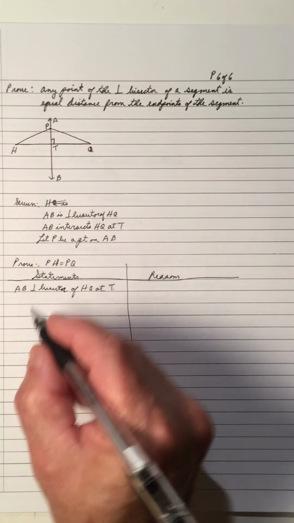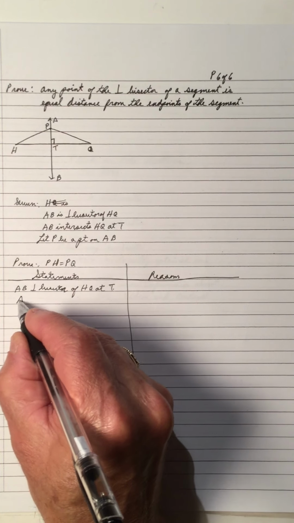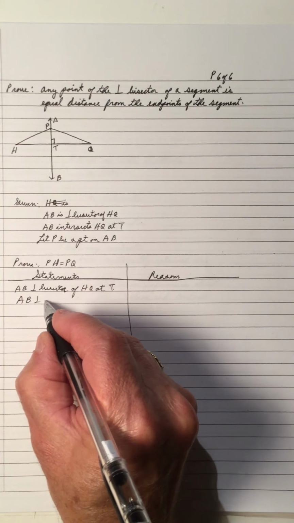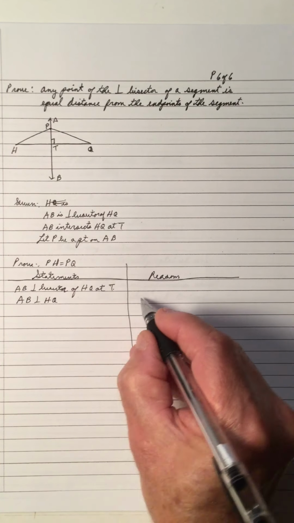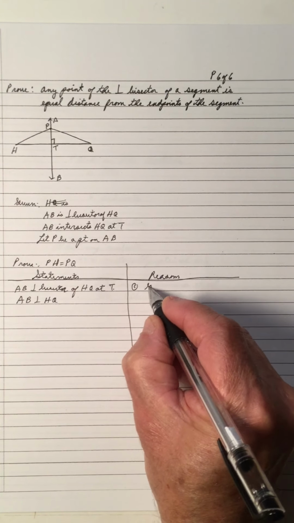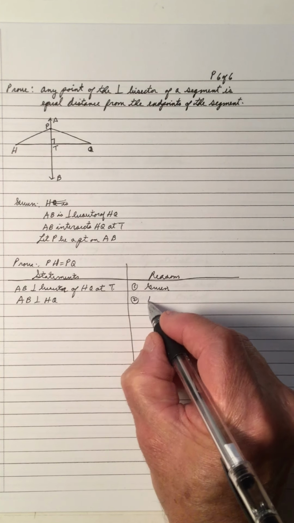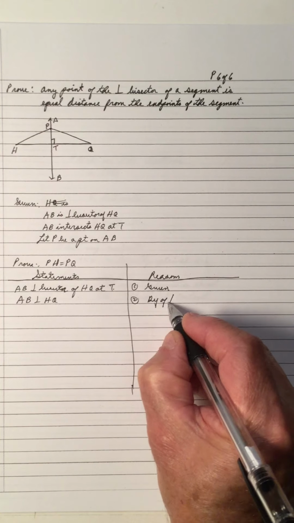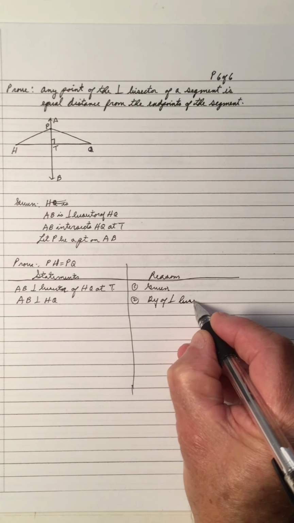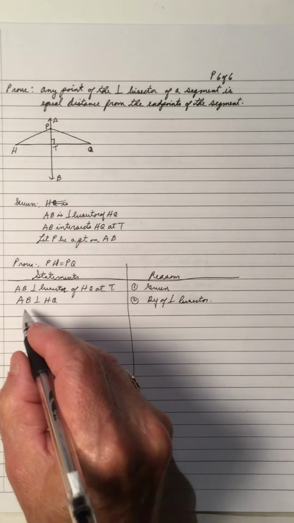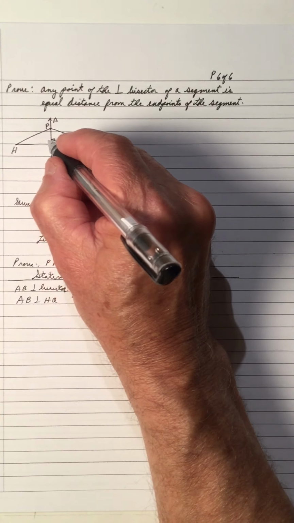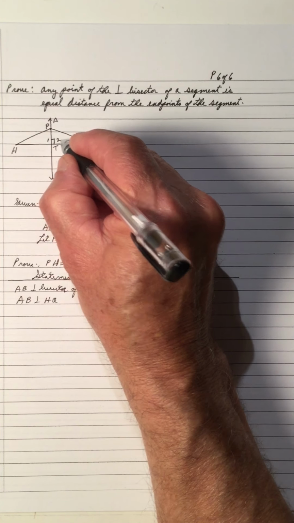So AB is perpendicular to HQ. This is the given, and this is the definition of perpendicular bisector. If it's perpendicular, then let's name these angles 1 and 2.